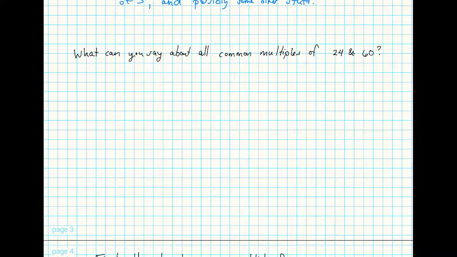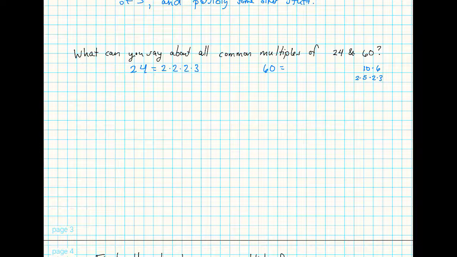All right? So taking this to common multiples, this can be helpful. So if I want to find all common multiples of 24 and 60, one way to do this is to look at the prime factorization. So 24 we saw is 2 times 2 times 2 times 3. 60 is, let's see, 60 is 10 times 6, which is 2 times 5 times 2 times 3.